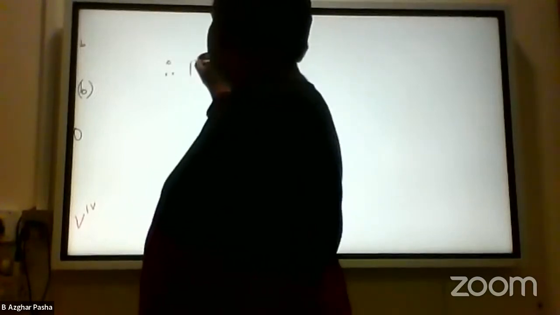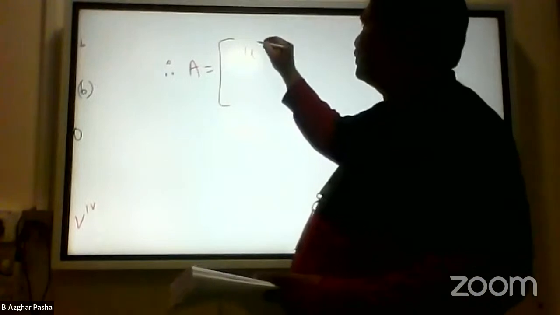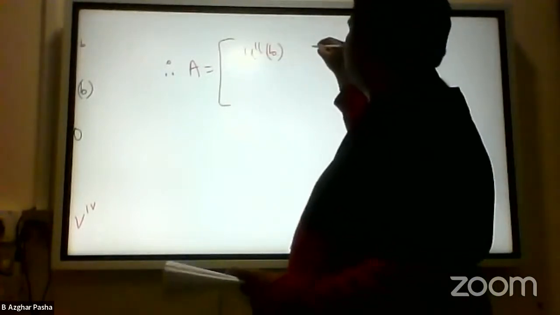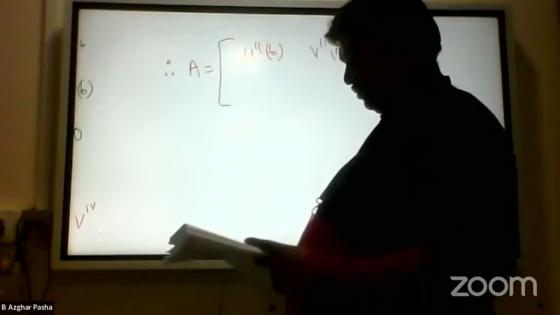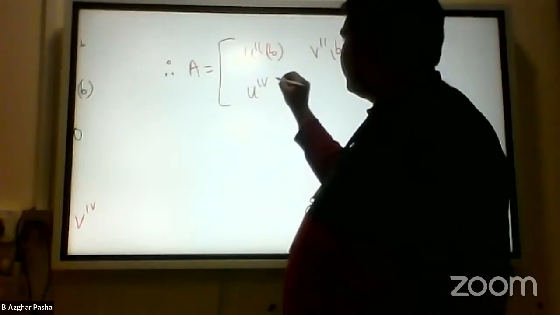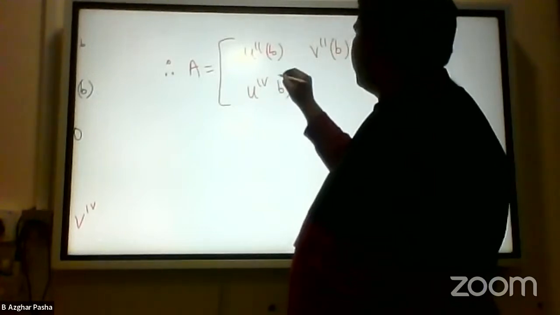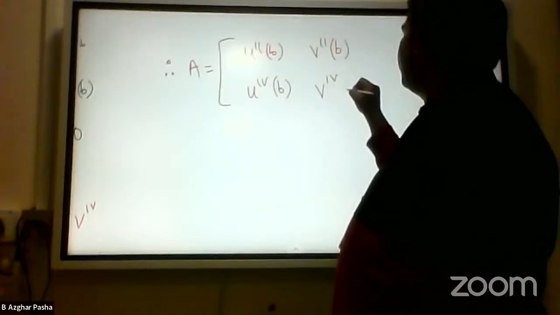Therefore, capital A is equal to u double dash of b, b double dash of b, u fourth derivative of b, b fourth derivative of b.